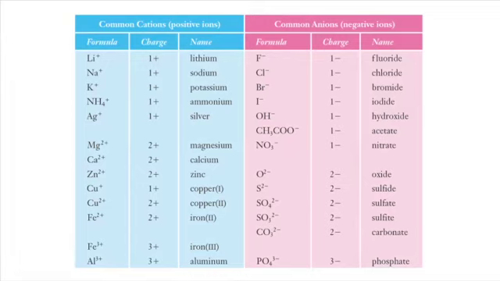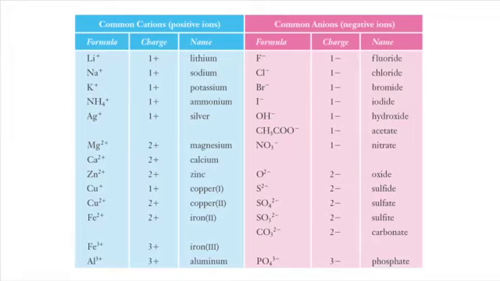Then we have K, which is potassium. Then we have a group of atoms here, NH4. It is called ammonium. It also has one positive charge. Then the silver, which is Ag.